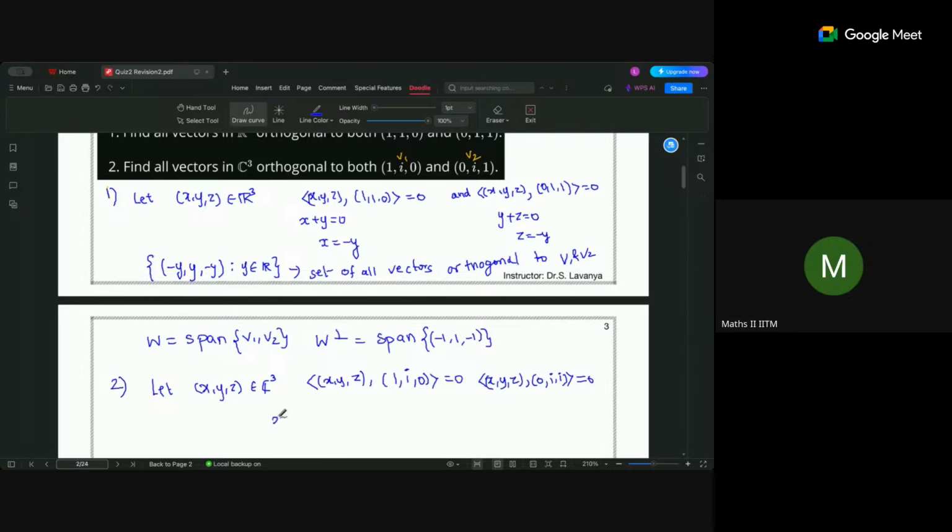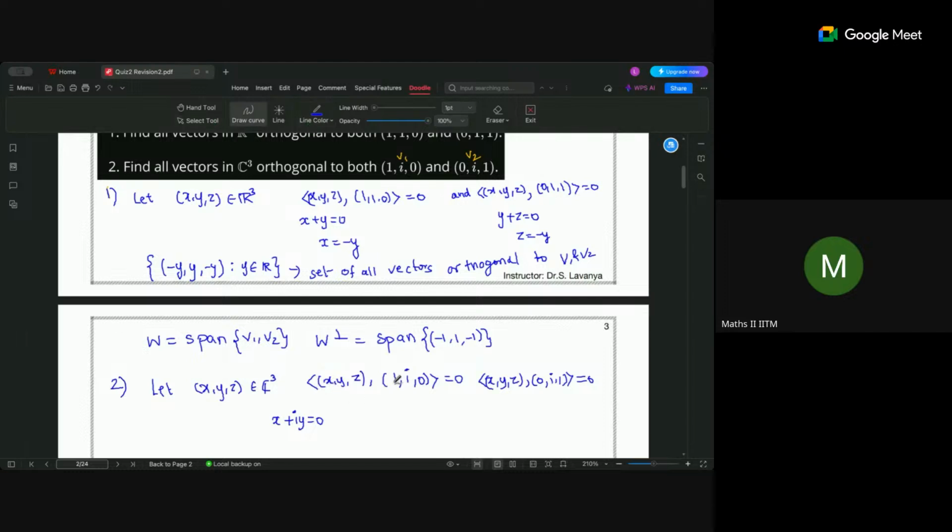Sorry, here it is 1, not i. A student points out the minus i, because in the complex case we conjugate. Yes, thanks for pointing out.